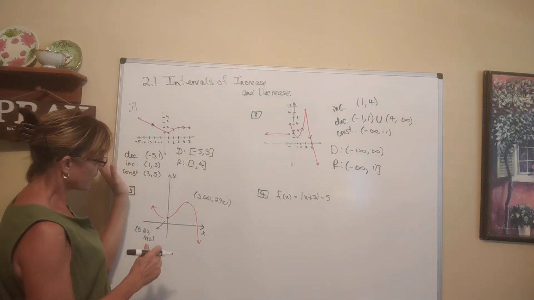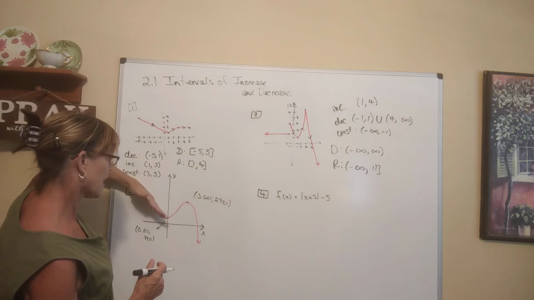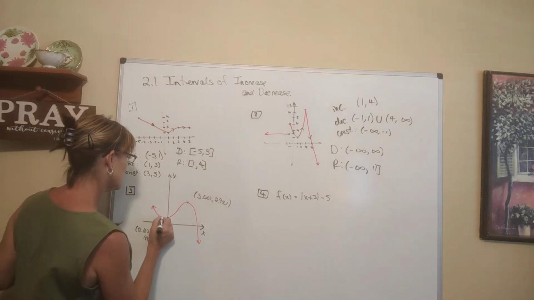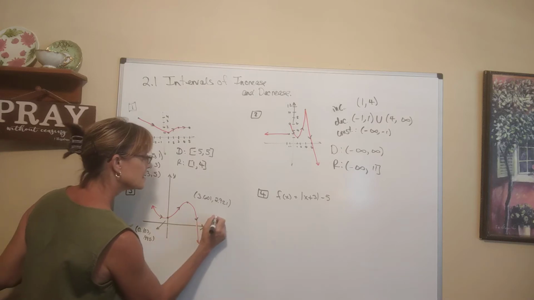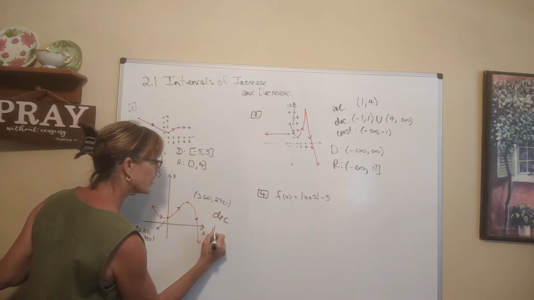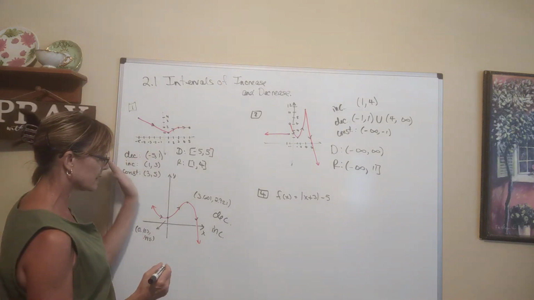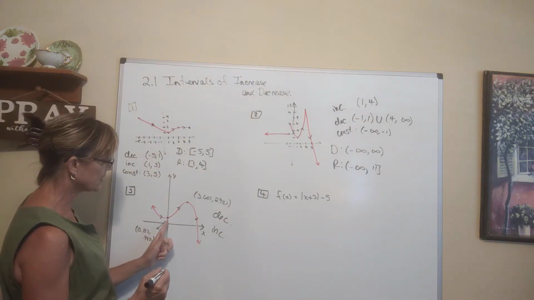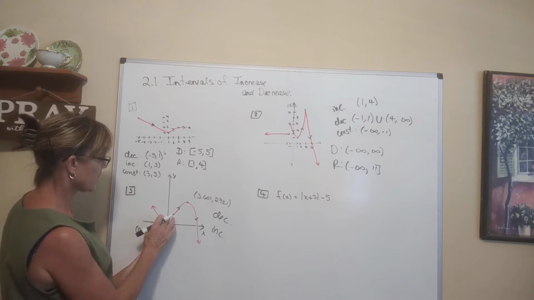Well, look here, if I'm tracing this curve, I'm going downhill right here, so I'm decreasing here. This is a decrease. Then I have an increase, and then I have another decrease. So where is it decreasing and where is it increasing? That's the question. It's decreasing from x is -infinity all the way to this point. And this point, I put it in the wrong spot.